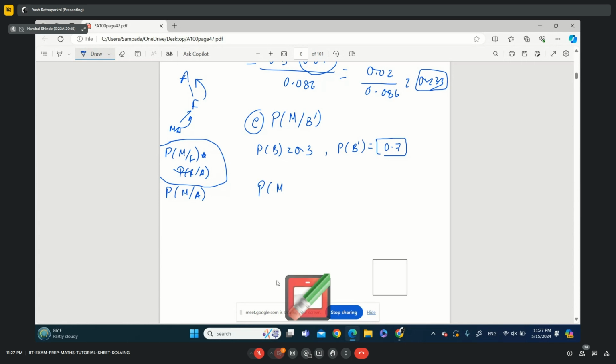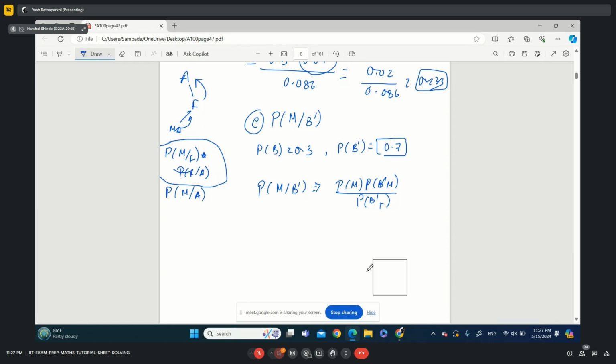So we need to find the probability of M given B complement. Basically, we need to find probability of M into probability of B complement given M upon probability of total, the probability of B complement. This is a kind of tough approach to solve this case.